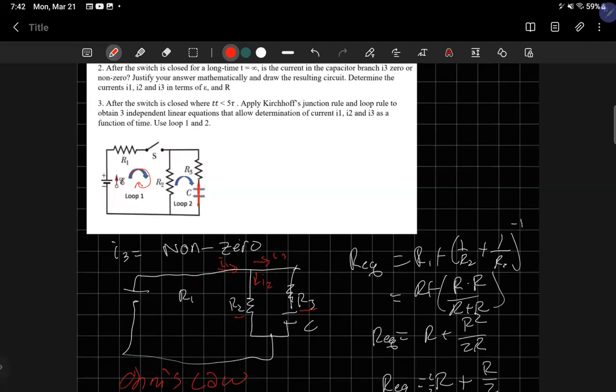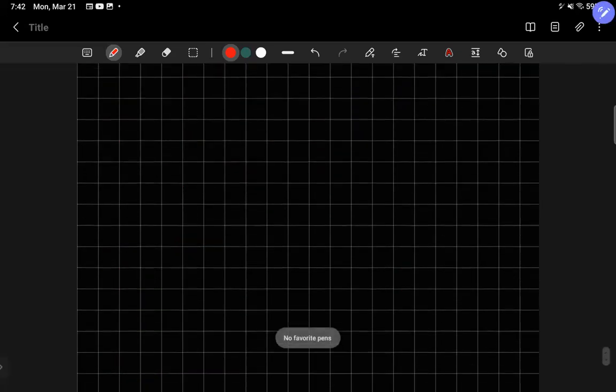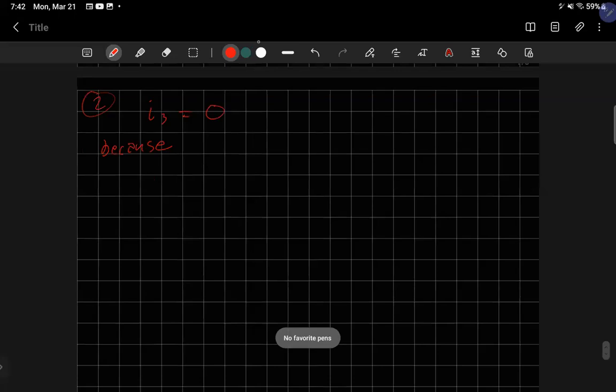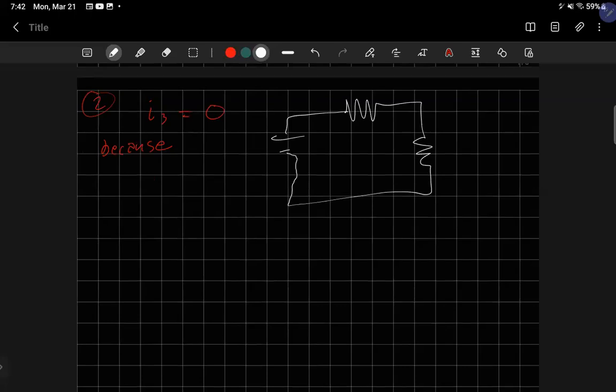Now we have this capacitor fully charged. This basically doesn't exist anymore. And we get the new circuit that looks like this. Which looks nicer, I hope.